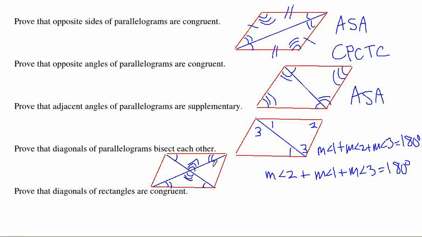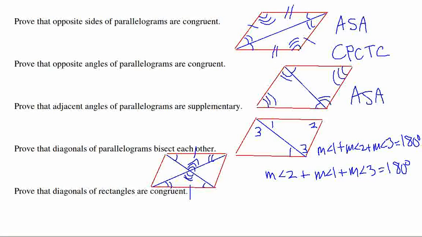Now, I'm going to need another bit of information. We know that opposite sides of a parallelogram are congruent. So I can label the top and bottom horizontal sides congruent.